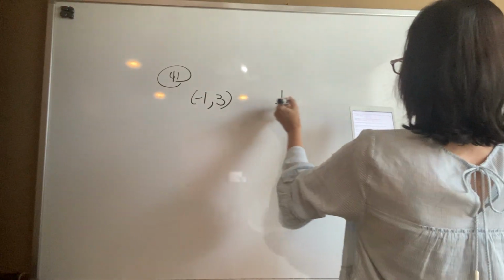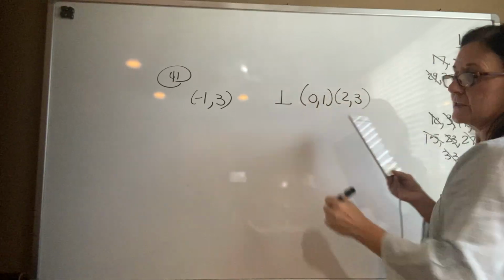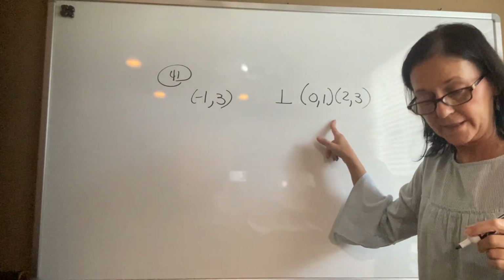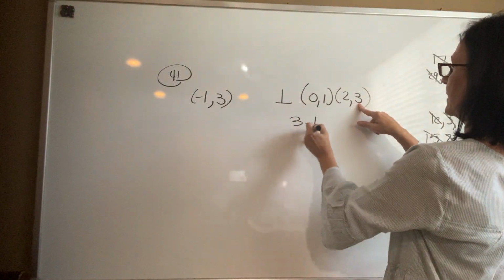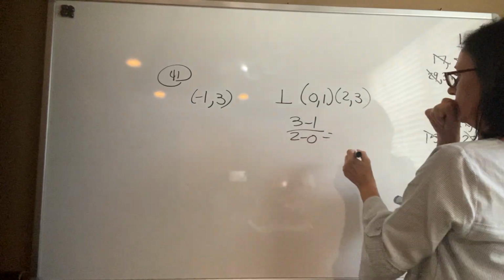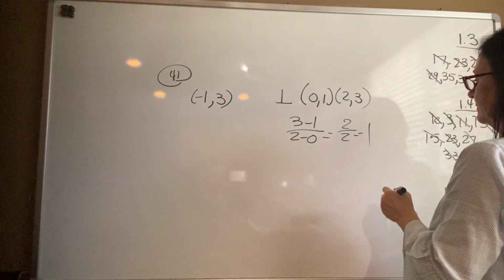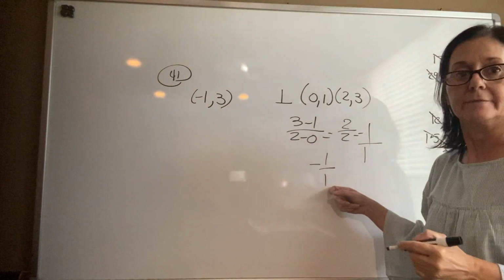And it's perpendicular to a line that goes through these 2 points. So I'm going to find the slope of this line. Then I'm going to use the point-slope formula. So it's 3 minus 1 over 2 minus 0. 2 over 2, it's 1. It's really 1 over 1, so the perpendicular slope is negative 1 over 1. It's just negative 1.